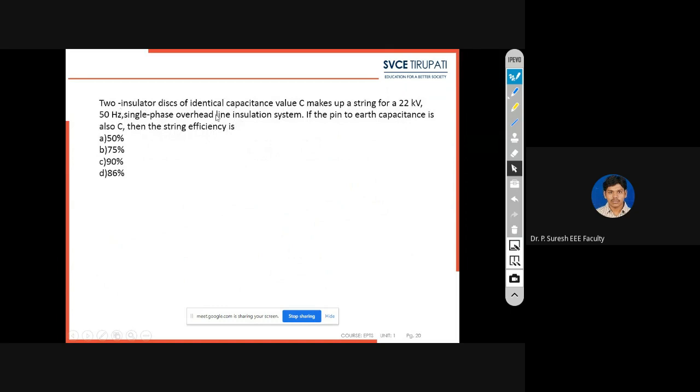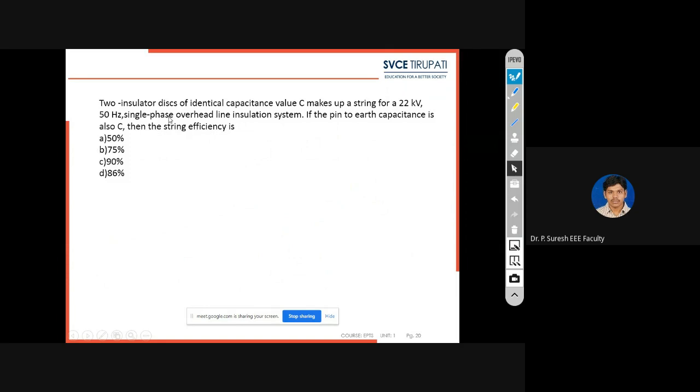The two insulator discs, with identical capacitance value C, make up the voltage rating for 22 kV, 50 Hz, single phase overhead line insulation. If the pin to earth capacitance is also C, then the string efficiency is? Can anyone tell me the answer?